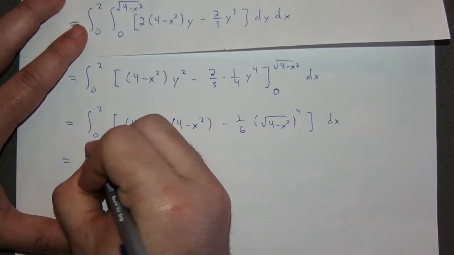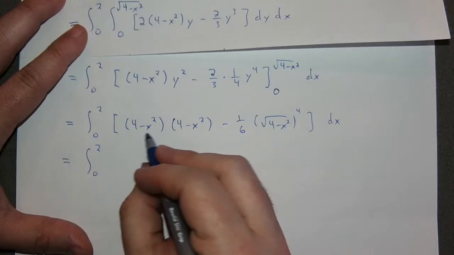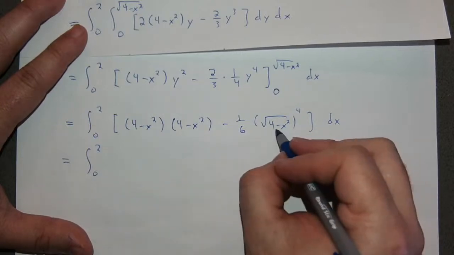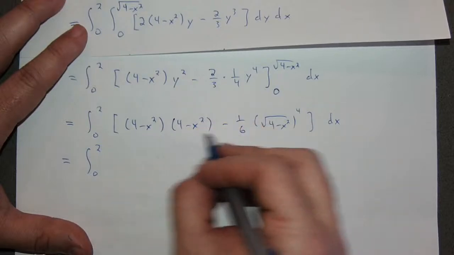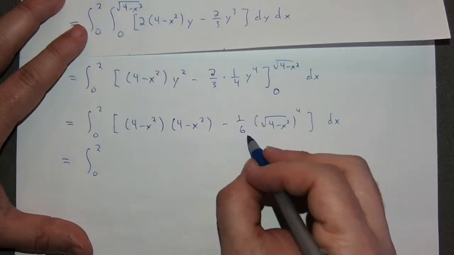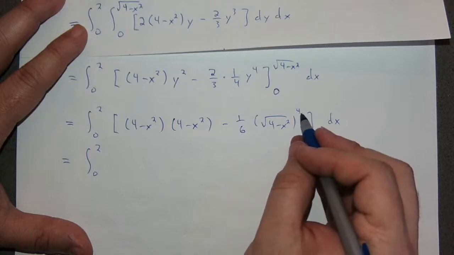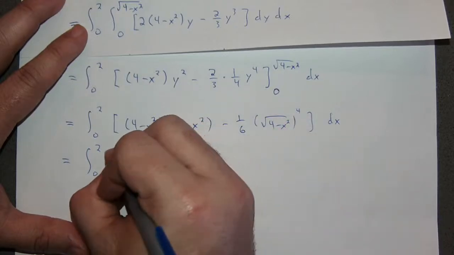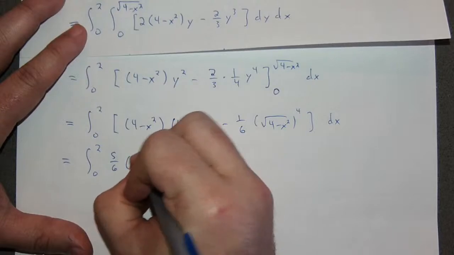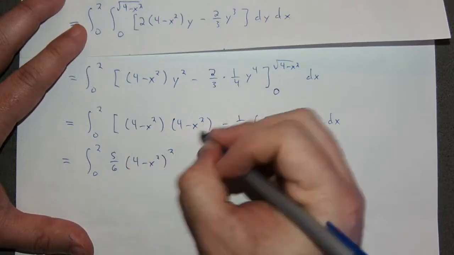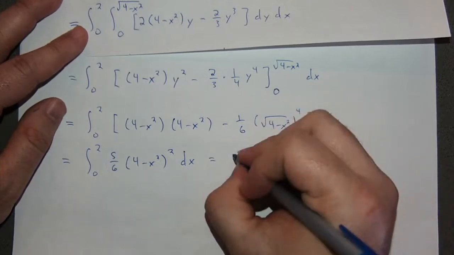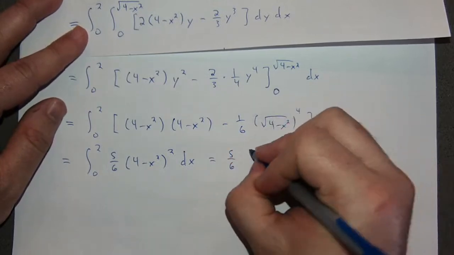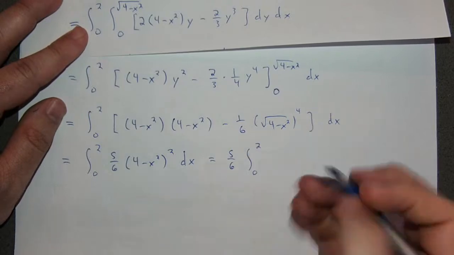And so what do I get here? This is the integral from 0 to 2 of 4 minus x squared squared. This is also 4 minus x squared squared. So this is 1 times 4 minus x squared squared minus 1/6 4 minus x squared squared. So this is 5/6 times 4 minus x squared squared dx. So this is 5/6 times the integral from 0 to 2. I can just expand this if I want to.